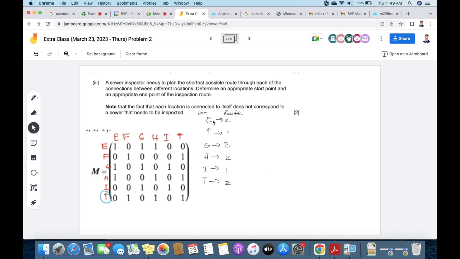If I start with E, since E is connected with G and H, if I choose G, I'm not sure if H will be passed through later on. Similarly, if I start with F, I'm not sure if H will be passed through later on as well. So better choose some sort of starting point where you only have one choice.